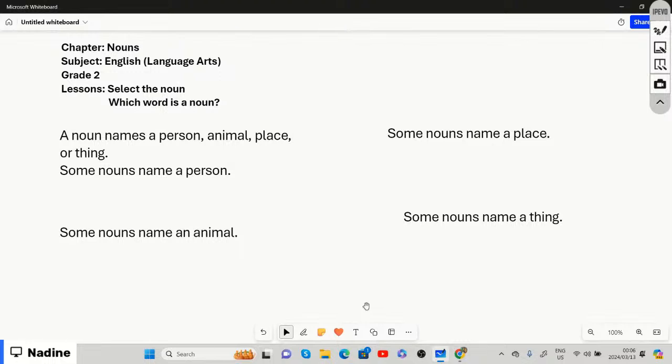Our subject is English language arts, grade 2, and the lessons that we are focusing on today under the chapter of nouns is to select the noun and which word is a noun. So that is going to be our lessons for today.